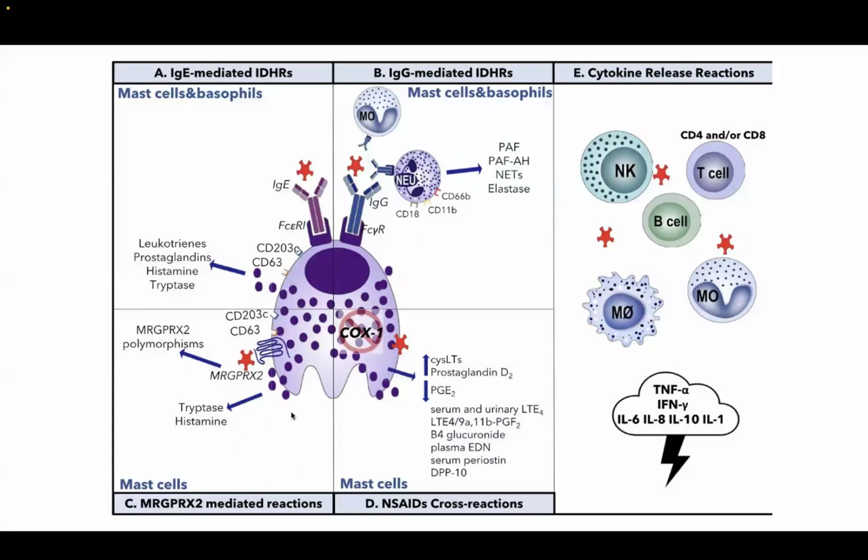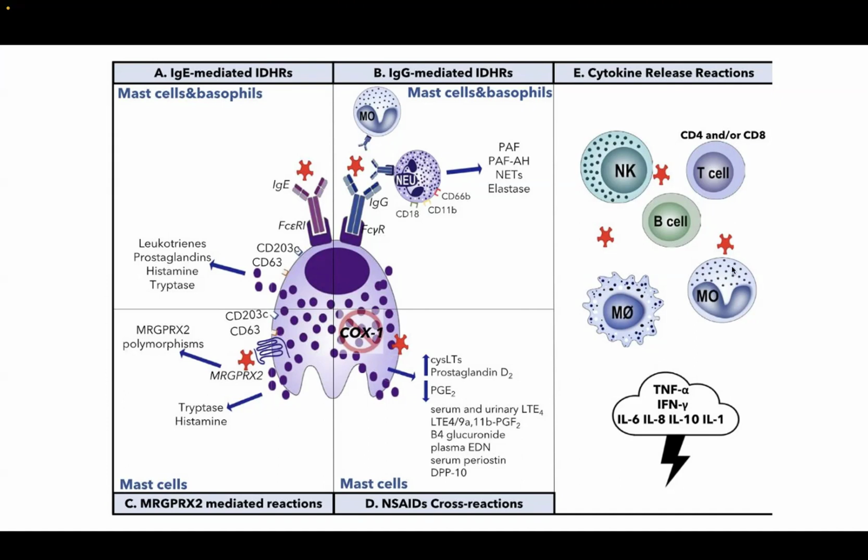Then the COX-1, you all know about it. I think it's a well-known pathway, and it is again COX-1 inhibition in mast cells will increase the production of cysteinyl leukotrienes, prostaglandin D2, and decrease prostaglandin E2 and other mediators, and this will result in the typical reactions we see with NSAIDs. Cytokine release reaction, as we mentioned before, is via T cells, could be also activation of NK cells.